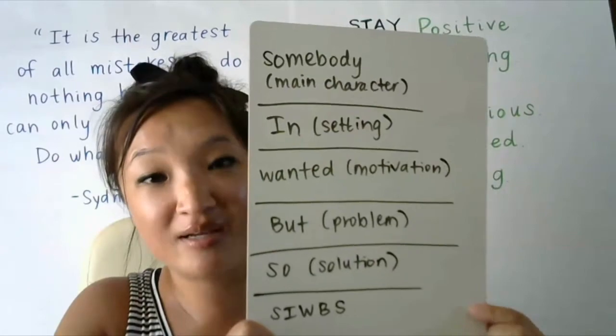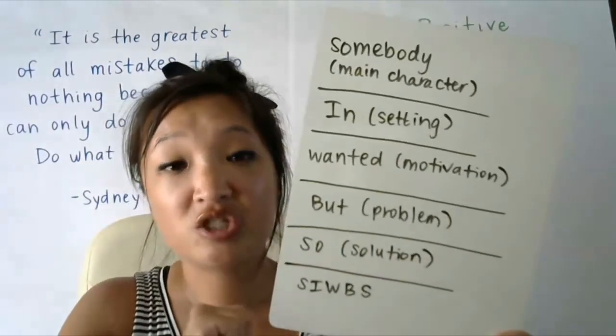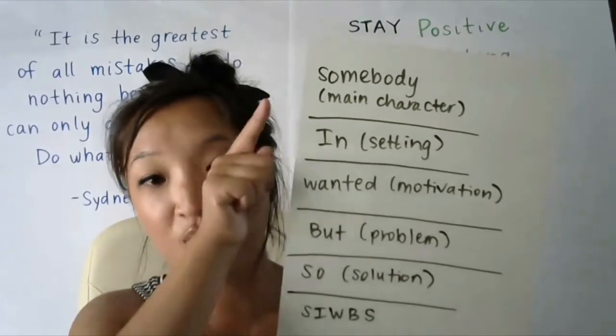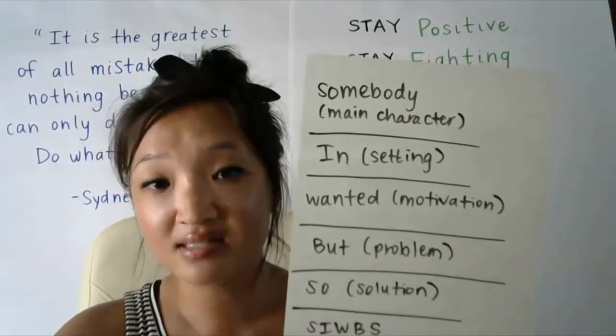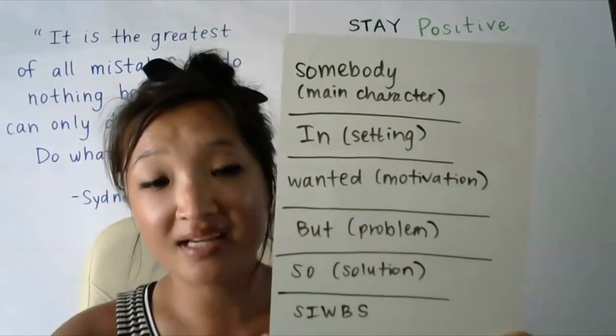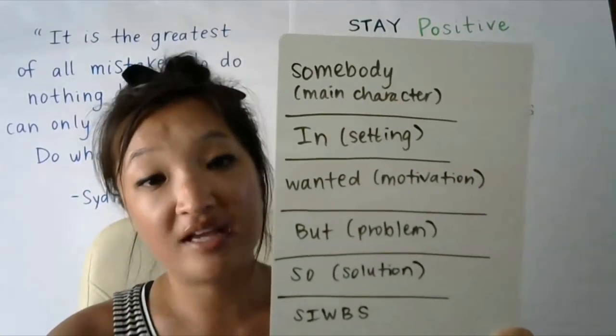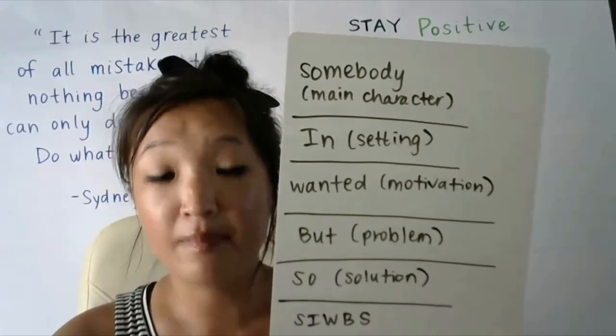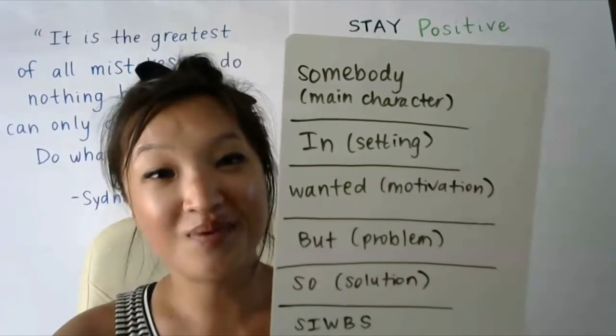When I'm saying SWIBS, I'm asking for just a very brief comprehension check. So we do that by: somebody, that's the main character. In is the setting, or where a story takes place. Wanted is the motivation. So what did the main character want? But we say the big but is the problem in the story.